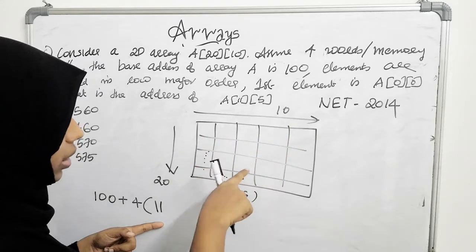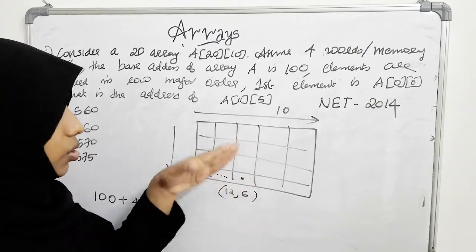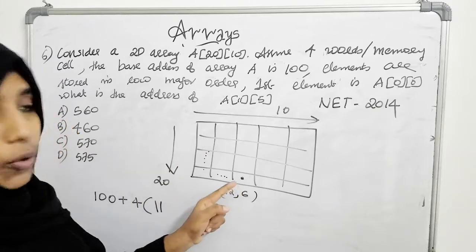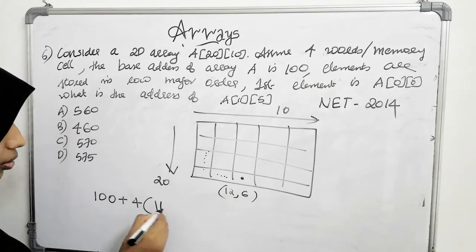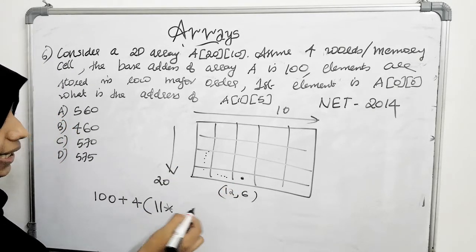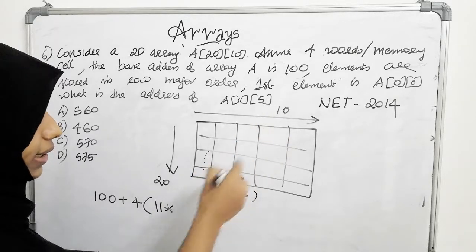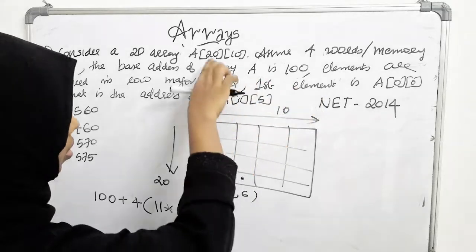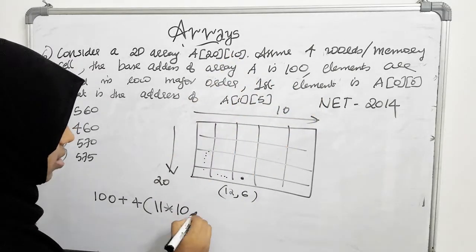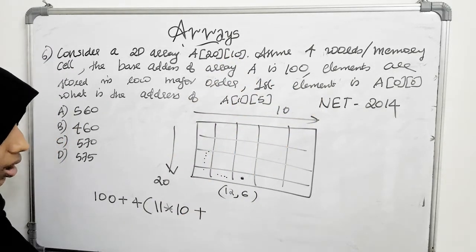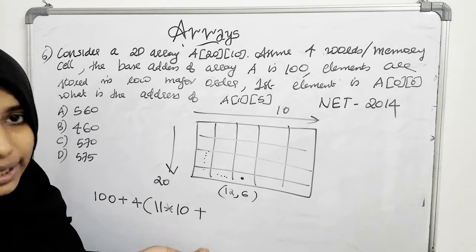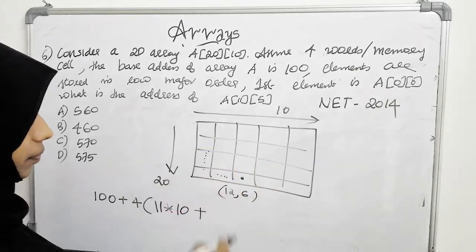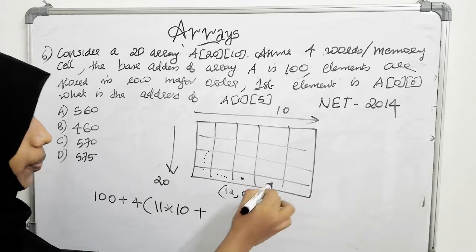So you have to bypass all the 11 rows to reach this point, and each of the 11 rows contains 10 cells, as there are 10 columns. So 11 into 10 memory locations should be bypassed.